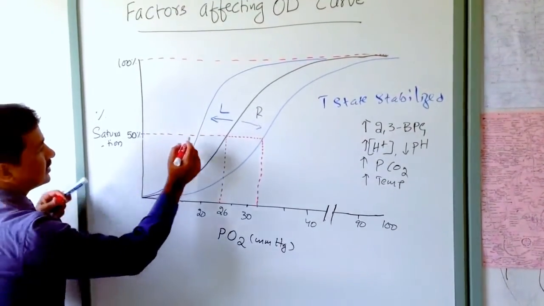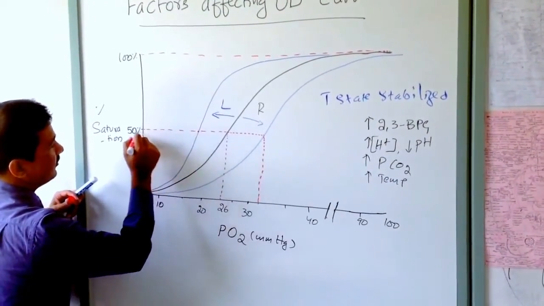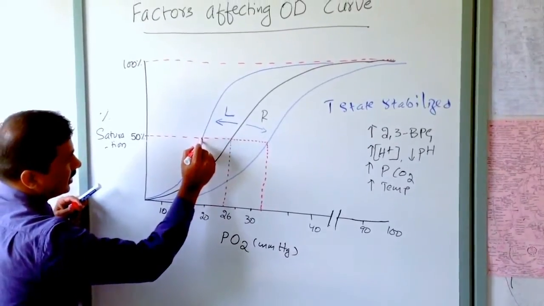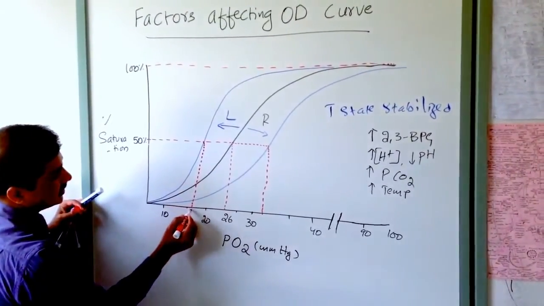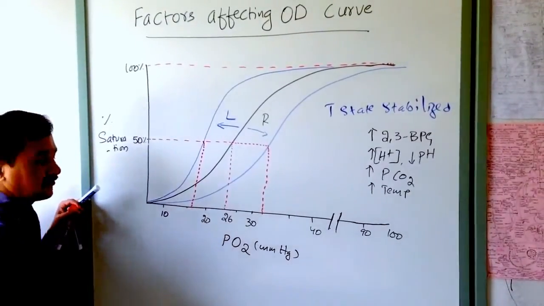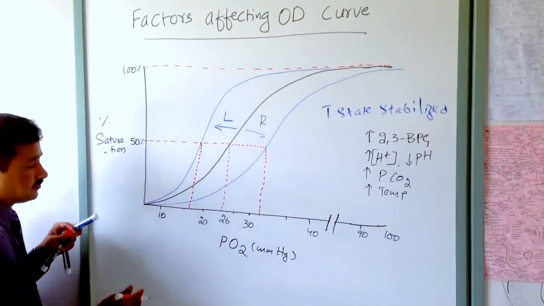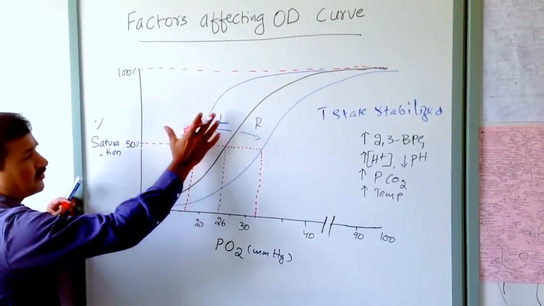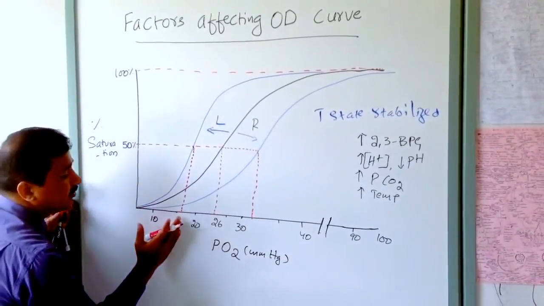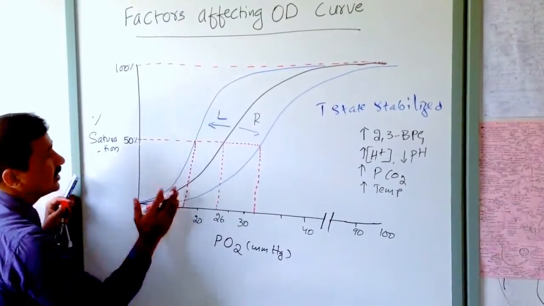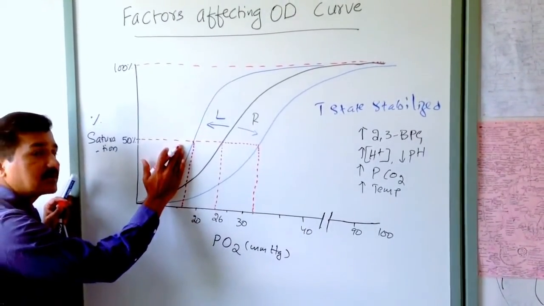Let's see that. So here is the P50, 50% saturation. Bring that line down to the partial pressure of oxygen. You are getting somewhere at 16 millimeter of Hg or so. It means that in the presence of factors which shift the oxygen dissociation curve towards the left side, even at low partial pressure of oxygen, your hemoglobin is 50% saturated.